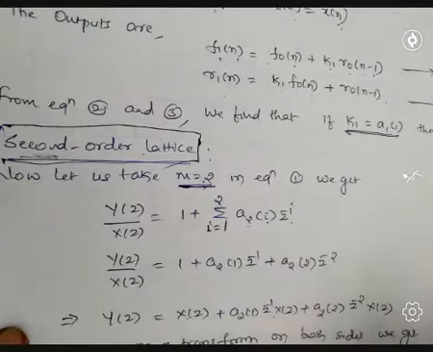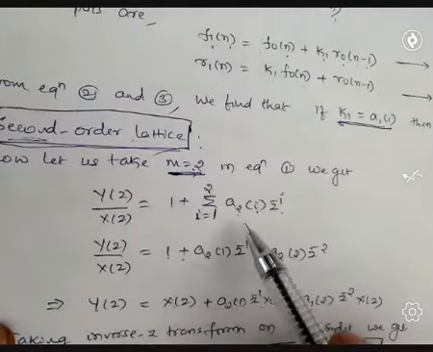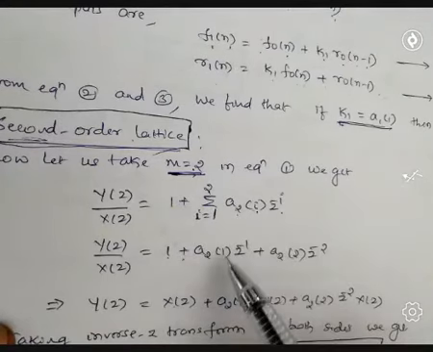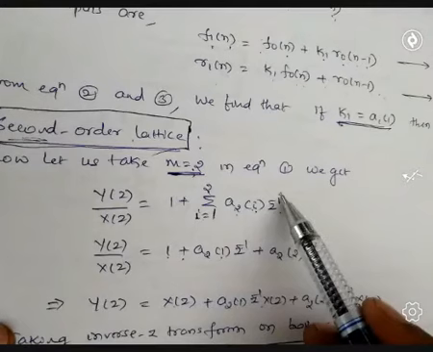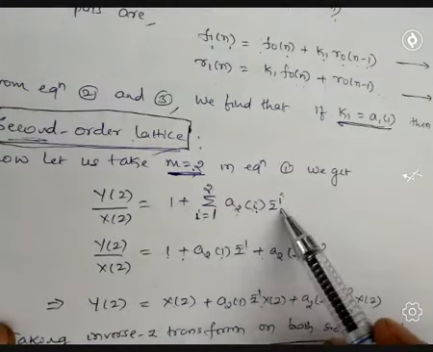So expand the summation term: 1 plus, first i equal to 1, substitute a2 of 1 z to the power minus 1, plus substitute i equal to 2, a2 of 2 z to the power minus 2.